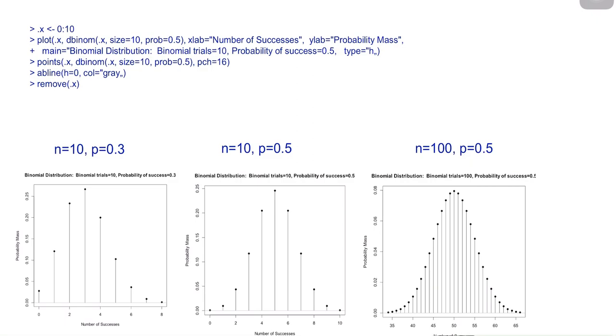If we increase p from 0.3 to 0.5, the graph will be more symmetric and bell shaped, which we studied last time.